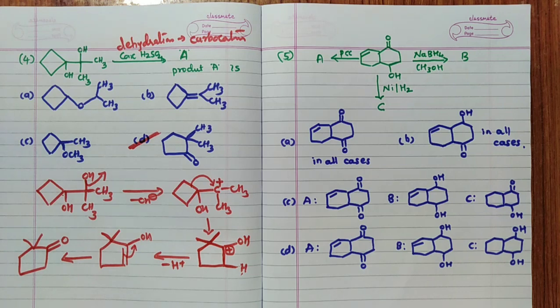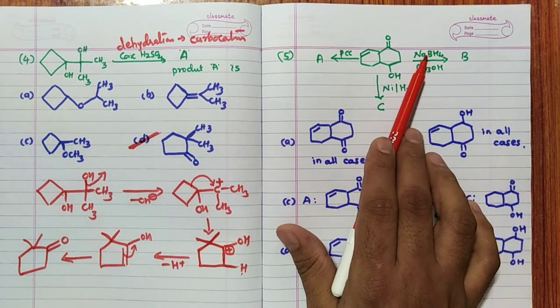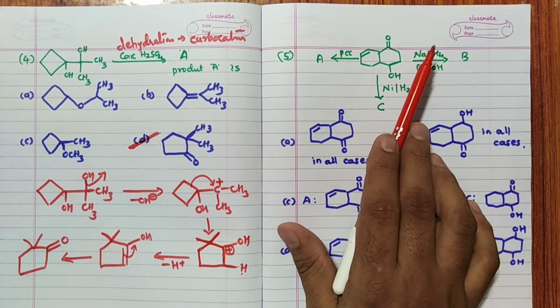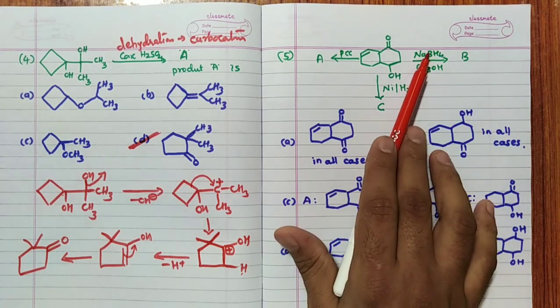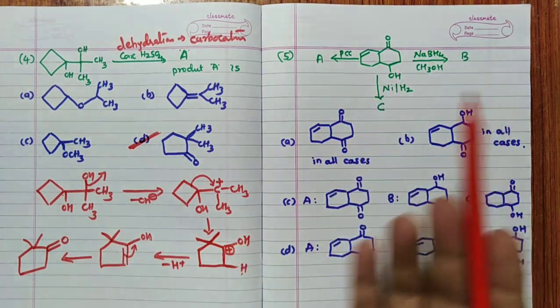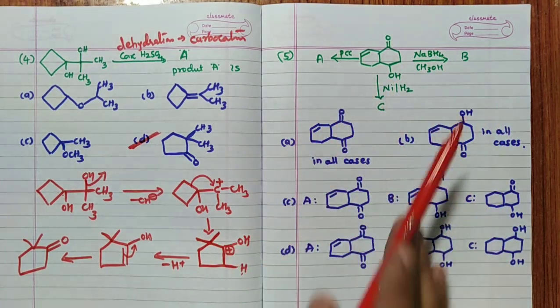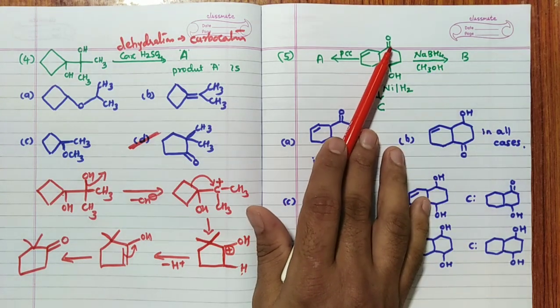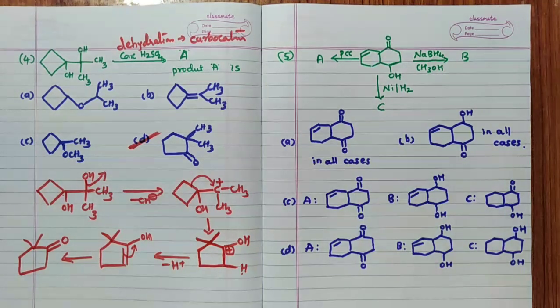Now in this particular case, let me tell you, NaBH4 is a weak reducing agent. Always remember, NaBH4 is a weak reducing agent. It will never reduce a double bond. Already OH is there, so further conversion is not possible, but it will convert C double bond O to C-OH.